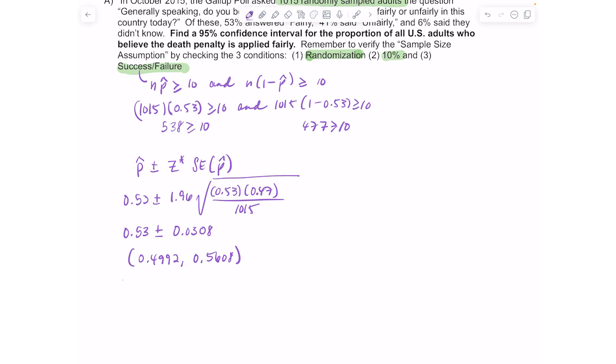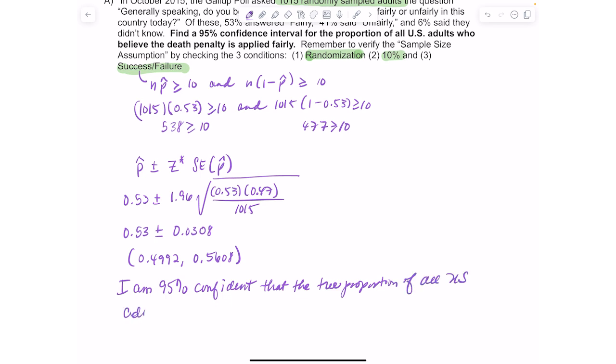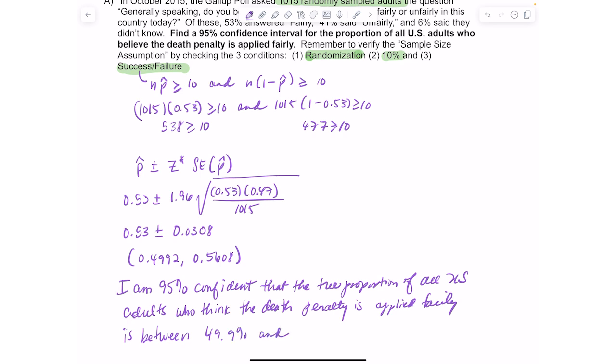So here, you could just say, I'm 95% confident that the true proportion of all U.S. adults who think the death penalty is applied fairly is between 49.9% and 56.1%.